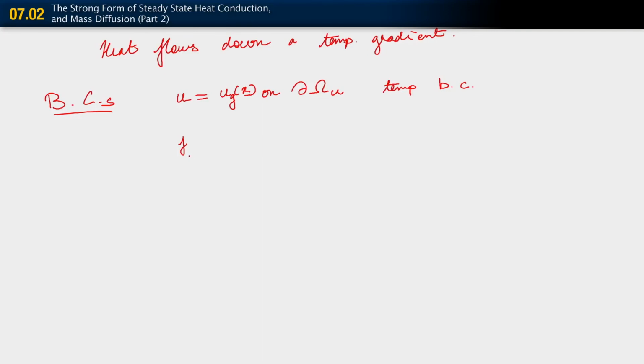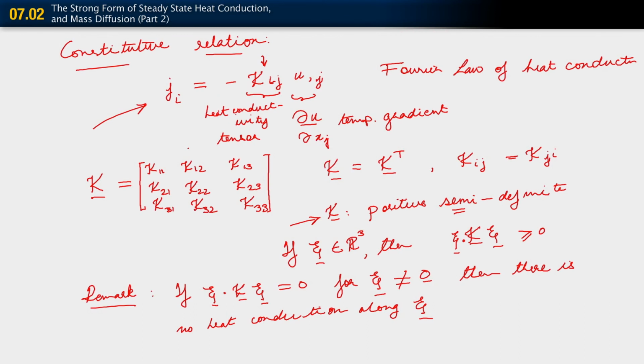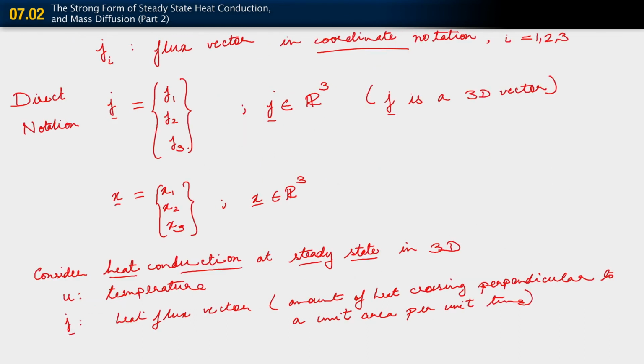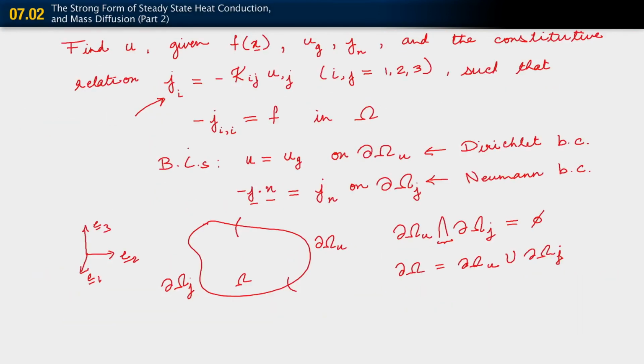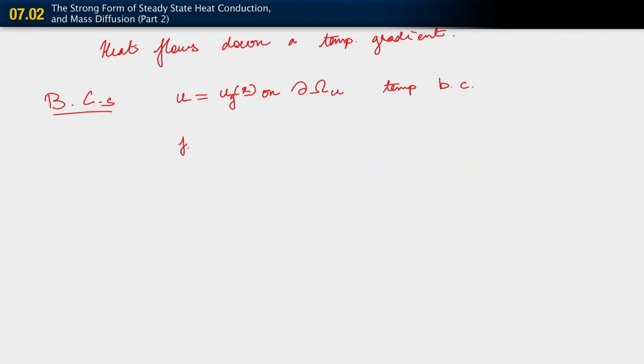And then for the second part of the boundary, this condition can be written as, let me see how I wrote it. Sorry, let me just scroll back here. Okay, I did it right. This part of the boundary, when we wrote it in direct notation, we wrote it as minus j dot n equals j sub n.